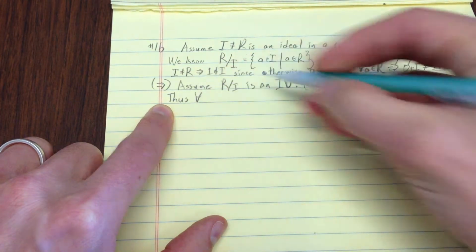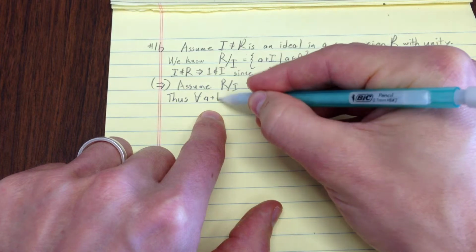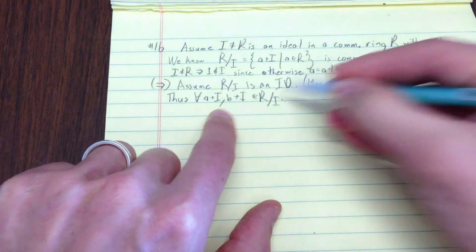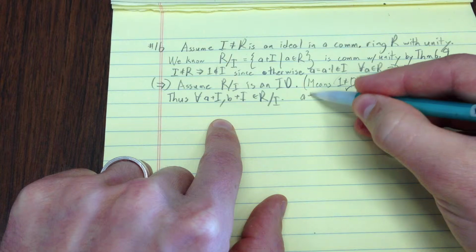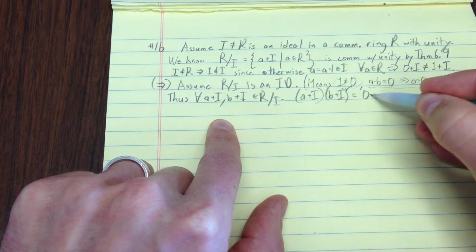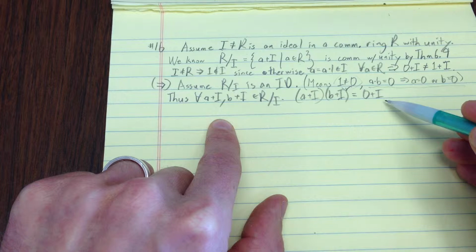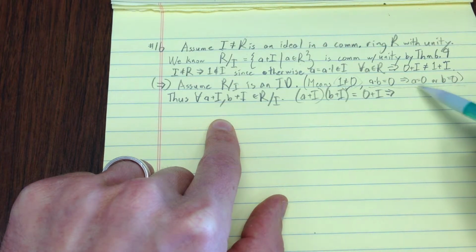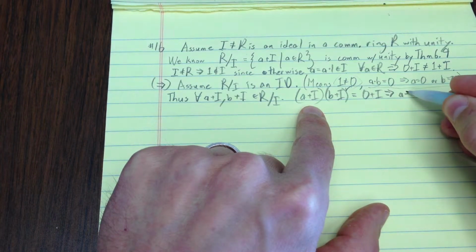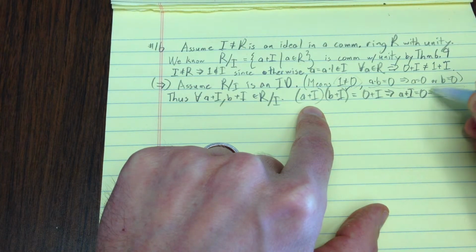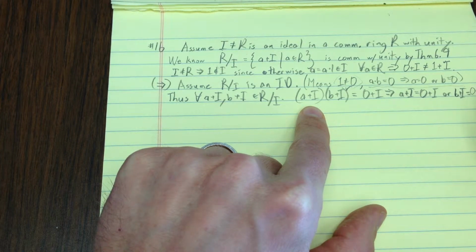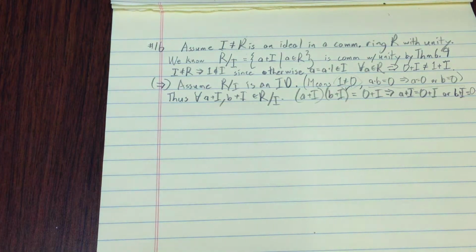Thus, for all elements in here, what do elements in here look like? A plus I, B plus I in R mod I. For all elements in there, A plus I times B plus I equals 0 plus I, that's the additive identity, implies, and I'm just putting in what elements of our actual ring look like, A plus I equals 0 plus I, or B plus I equals 0 plus I. So that's what we have there.